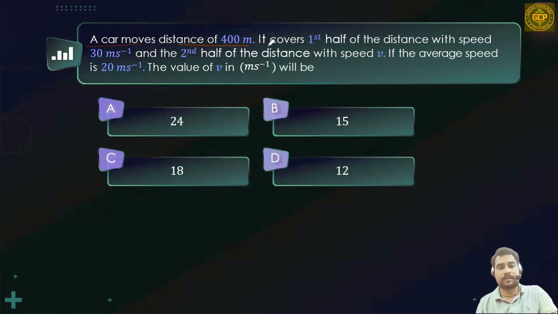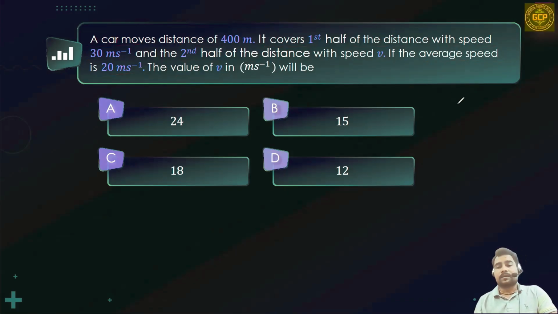A car moves a distance of 400 meter. It covers the first half of the distance with speed 30 meter per second, and the second half of the distance with speed v. If the average speed is 20 meter per second, find the value of v. Four options are already given.